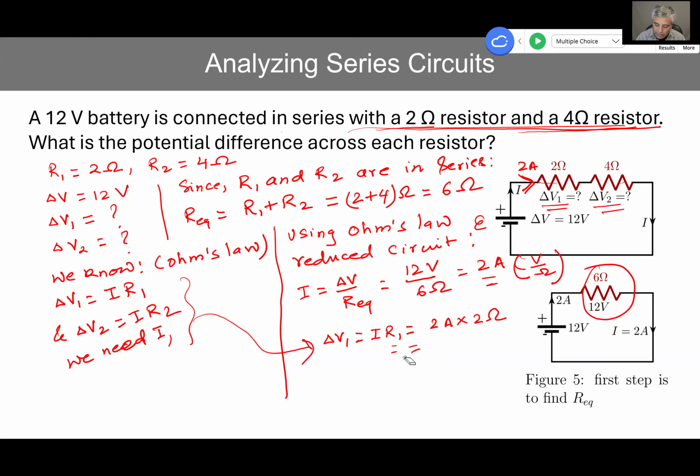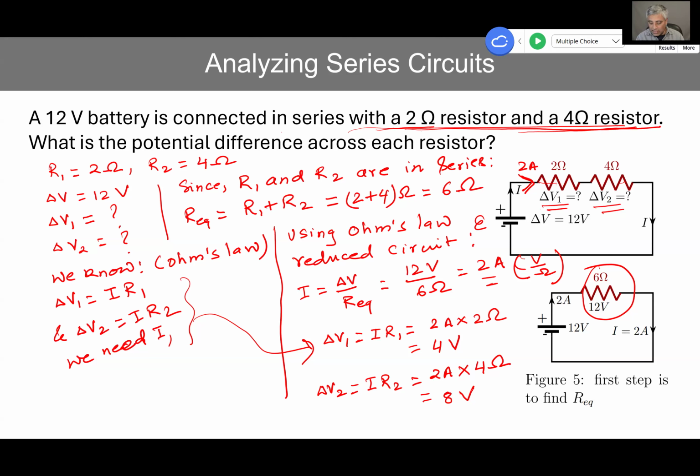So product of current and resistance is potential difference, and unit is volts. Okay. Now let's do that for delta V2, which is I times R2, which is 2 ampere times 4 ohms. So that gives me 8 volt.